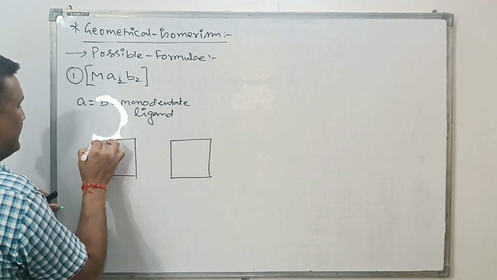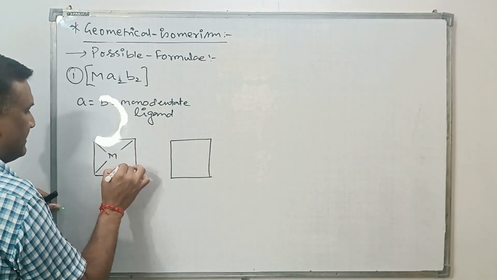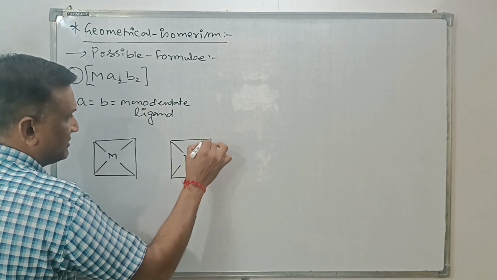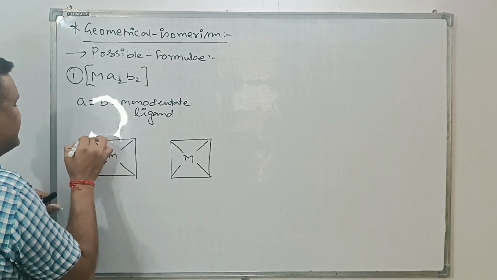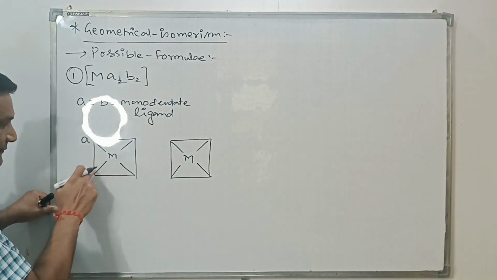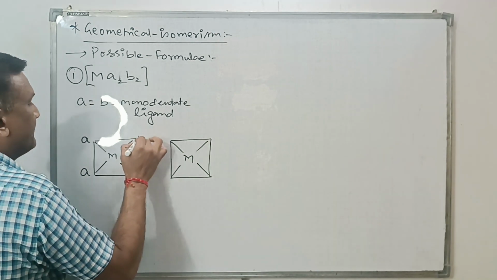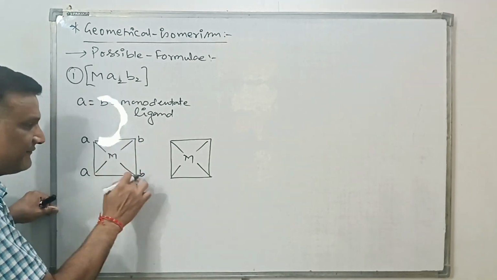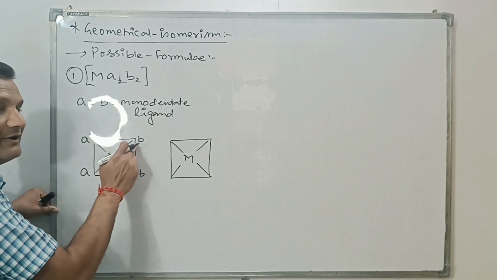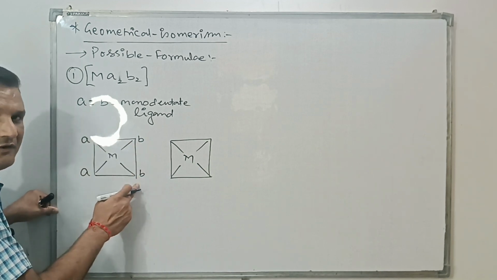This is A. These are the two types of ligands: A and A with the angle of 90 degrees, B with the angle of 90 degrees. You can keep two same ligands like this, A and A over here also and B over here also.